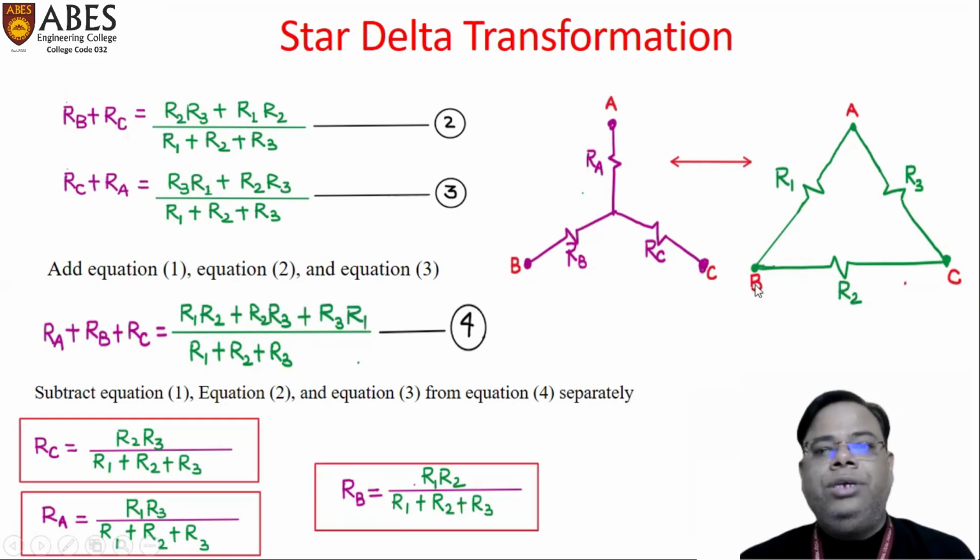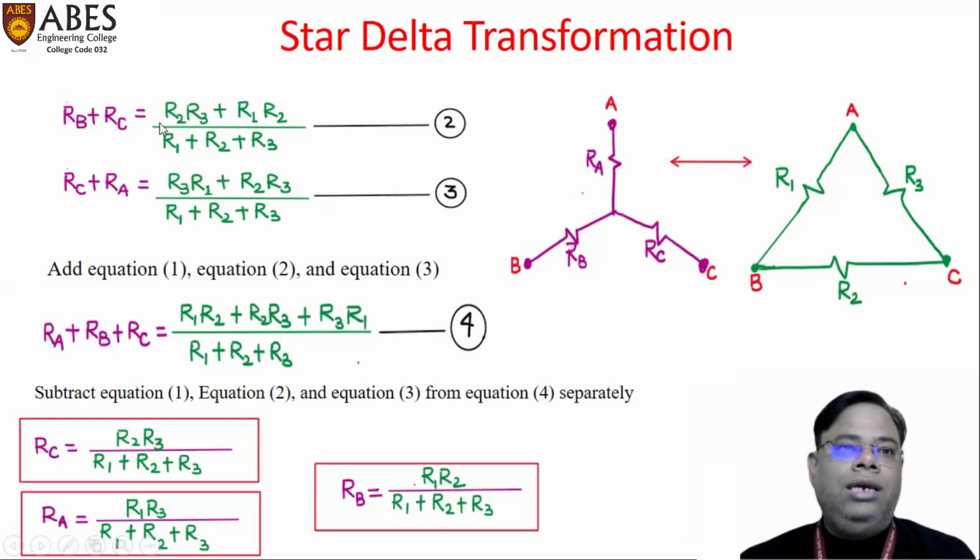Similarly, for the delta combination, it would be R2 in parallel with R1 plus R3. The expression would be RB plus RC is equal to R2 R3 plus R1 R2 divided by R1 plus R2 plus R3. This one is our equation number 2.